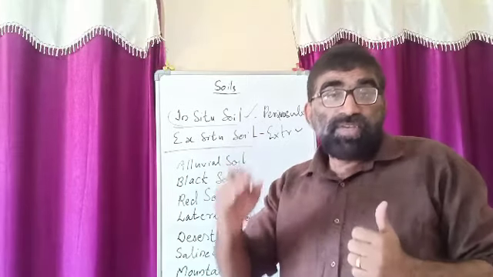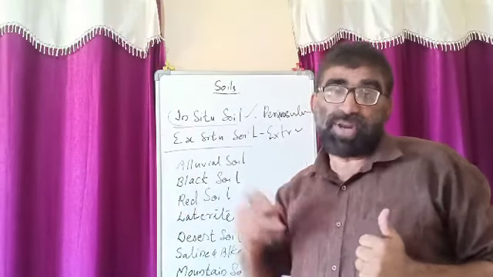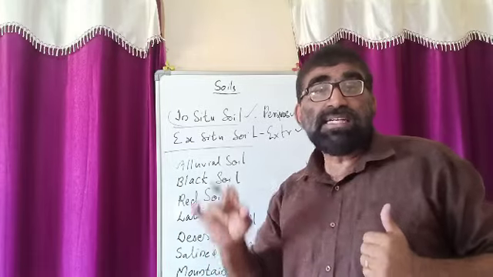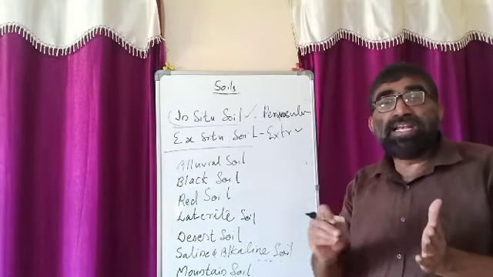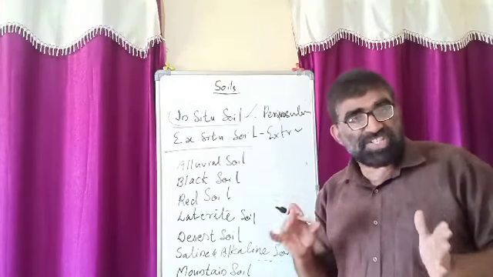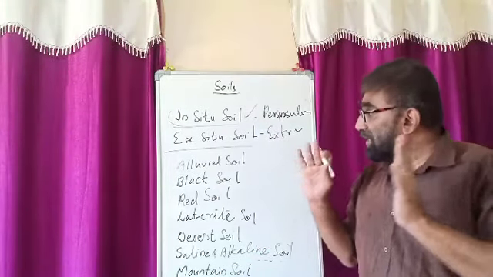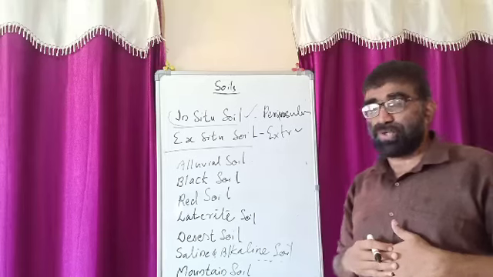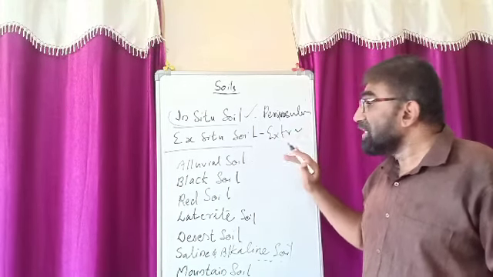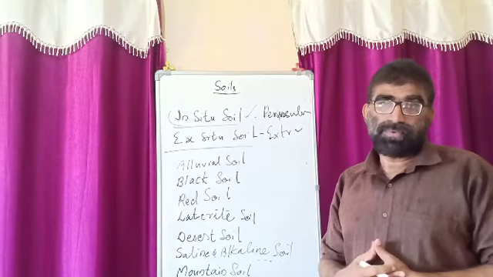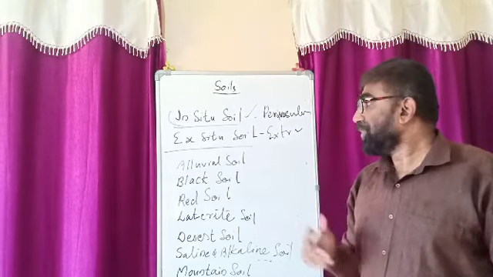The soil which is not transported from the place is known as sedentary soil. That means the soil is transported only to a limited extent. There is a little bit of transportation, but generally it is found in the place where it originated. This soil is known as in situ soil or residual soil.